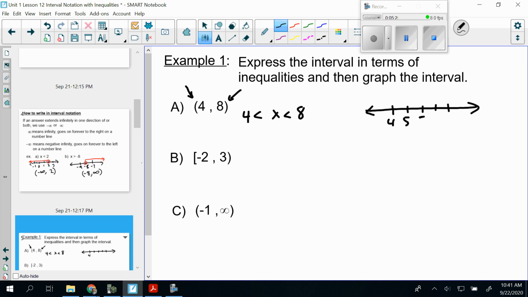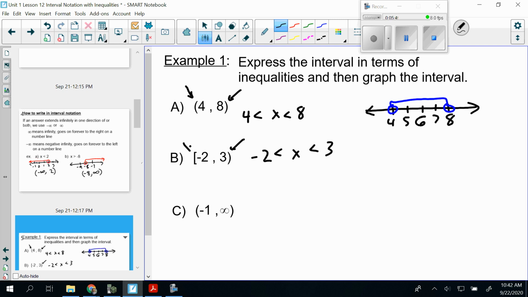4, it would look something like this, where it's the numbers in between, not counting the endpoints. For B, the numbers between -2 and 3, so -2 and 3, less than 3, greater than -2. In this one, we don't want to include 3.